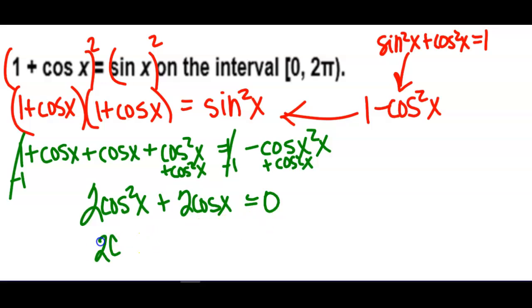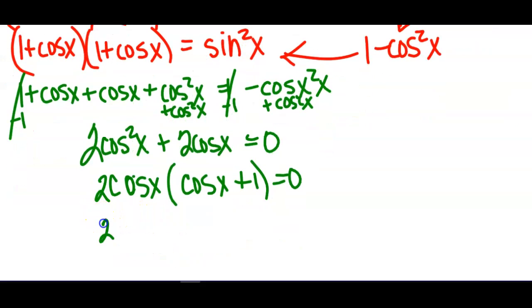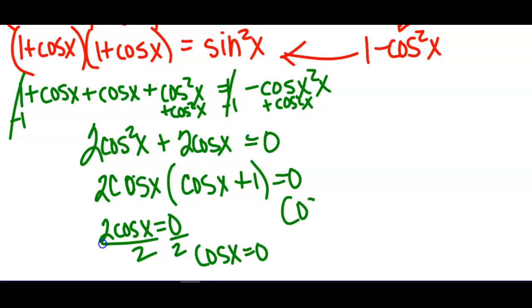So then I can take both a 2 and a cosine of x out. That'll leave a cosine of x plus 1. So the solutions I'm looking for, now if 2 cosine of x equals 0, I can divide by 2. I still have the cosine of x as 0. And here I have the cosine of x as -1.